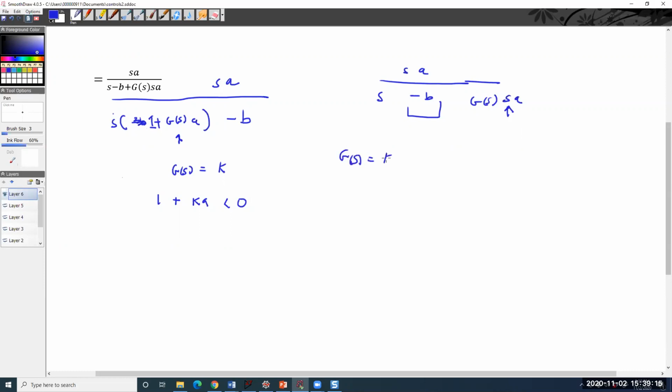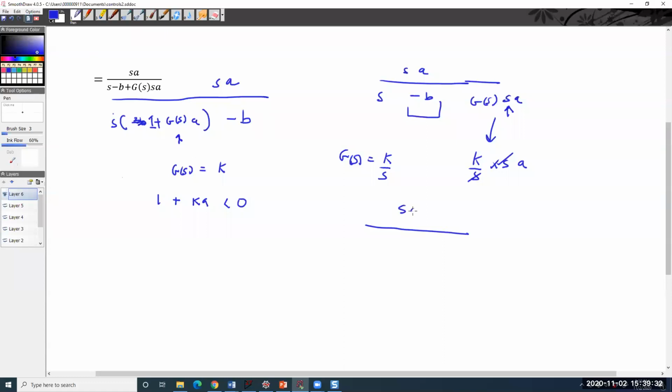G of S equaling K divided by S, this would result in K divided by S times S A. Those would cancel, right?